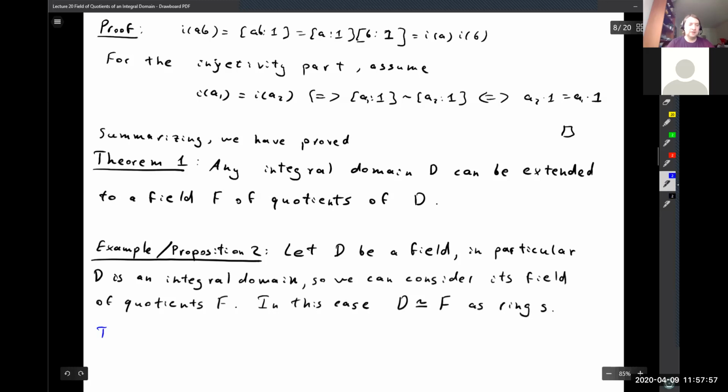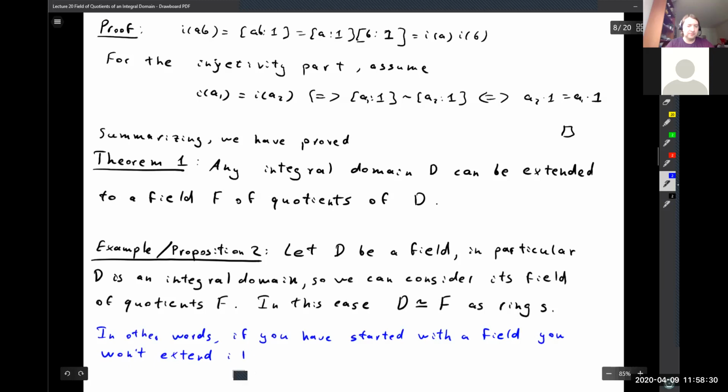In other words, if you have started with a field where every element has a multiplicative inverse, you won't extend it any further.